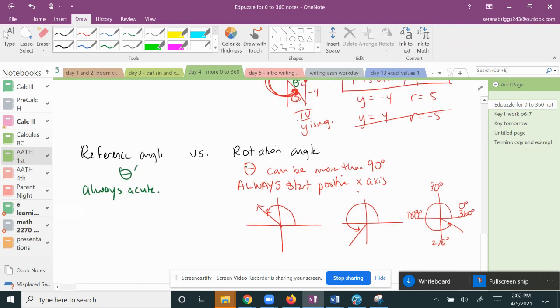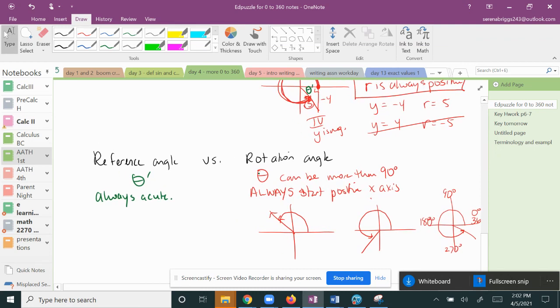But reference angles are always acute because they're always the angle to the nearest x-axis. So I'm going to show here in green my reference angles. There's a reference angle, theta prime. There's the reference angle, theta prime. And there's the reference angle, theta prime. Those are all the rotations to the closest x-axis for each of those rotation angles.